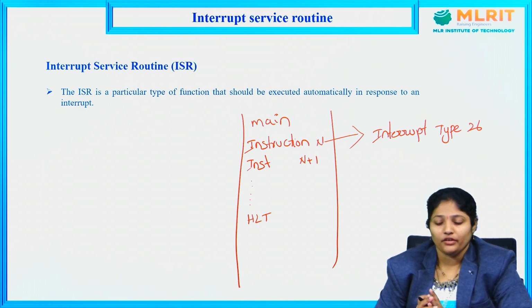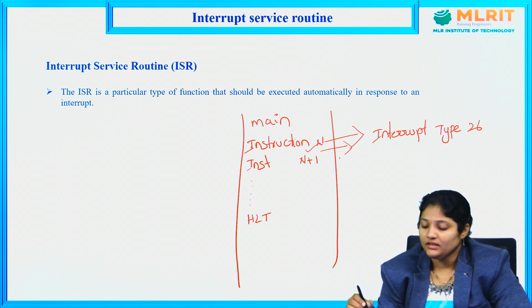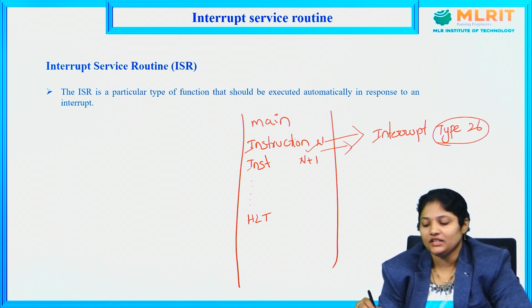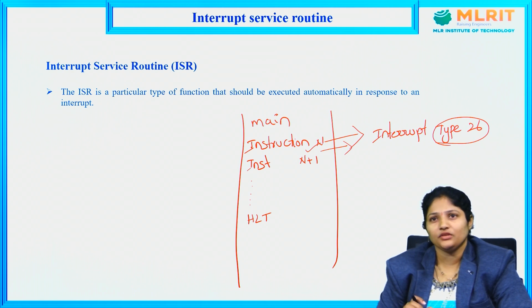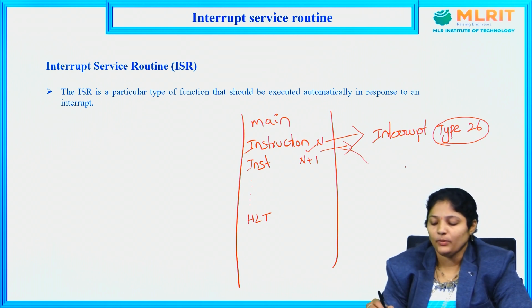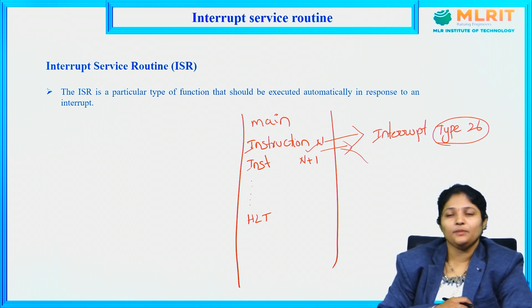As I already told you, if an interrupt occurs while executing the main program, the microprocessor finishes executing the instruction and goes to access the interrupt type. So the type 26 interrupt is there. Where will we get the address of type 26? It will go to the vector table, fetch the IP and CS addresses, and go to that particular interrupt routine.